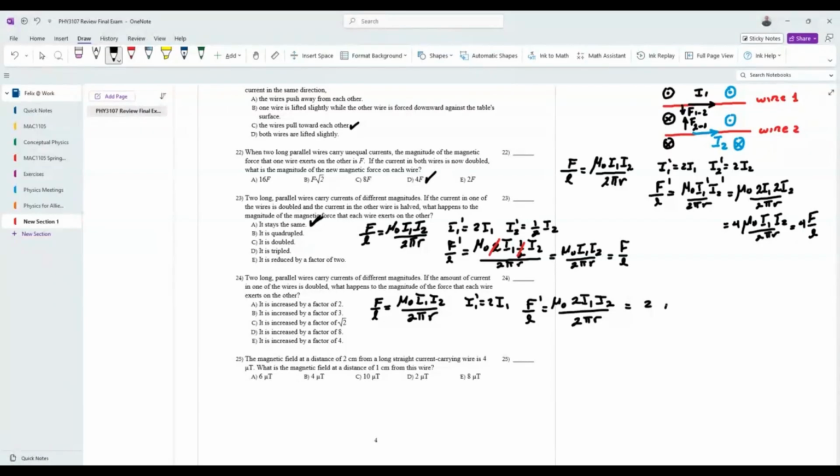So this would be 2 mu sub 0 I sub 1 I sub 2 over 2 pi r, which is 2 times F over L. So basically, F over L prime is twice F over L. So we increase the magnitude of the force by a factor of 2.